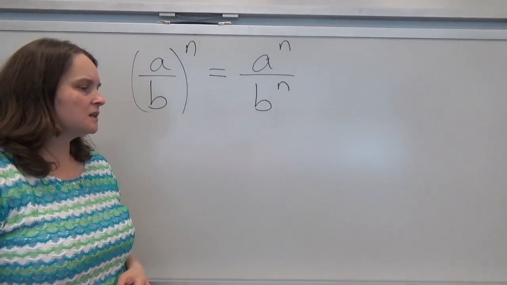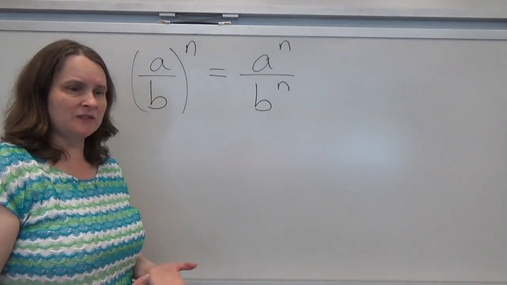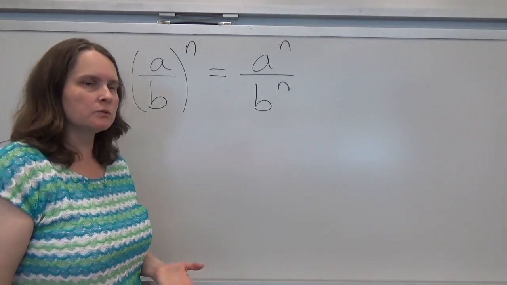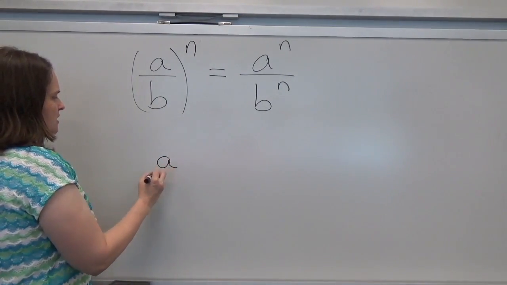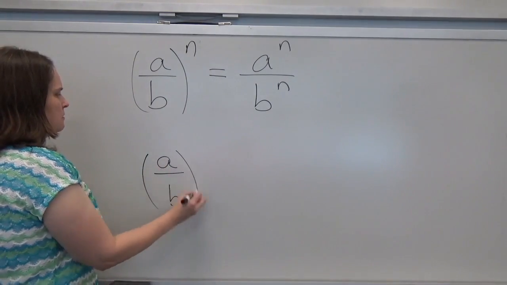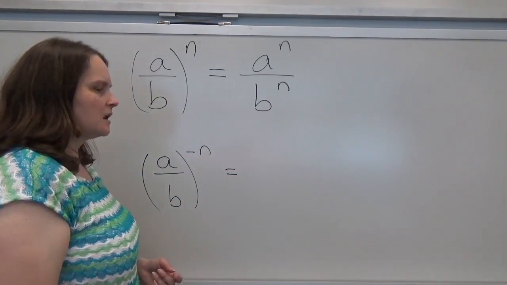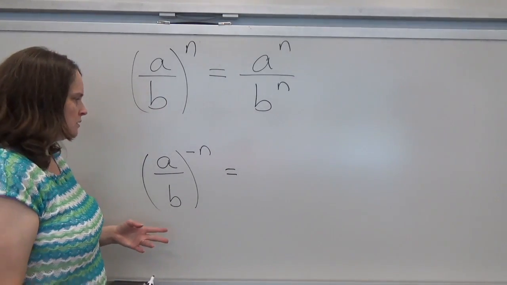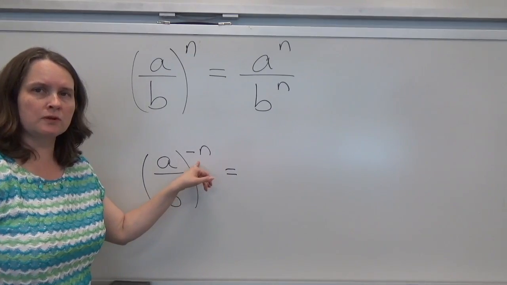And then finally, the last rule that I'm going to discuss is really not a rule itself. It's just a combination of other rules that we've talked about. If you've got a fraction being raised to a negative power, if I combine two of the previous rules, well, first of all, I know that the negative exponent tells me to create a reciprocal.